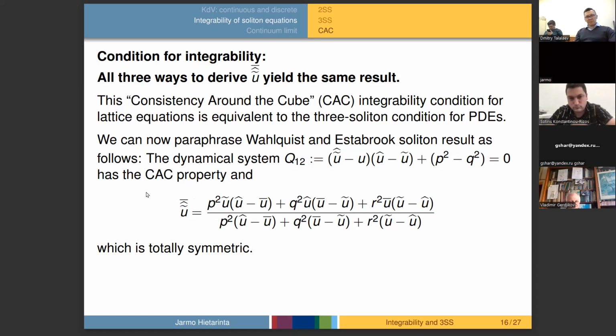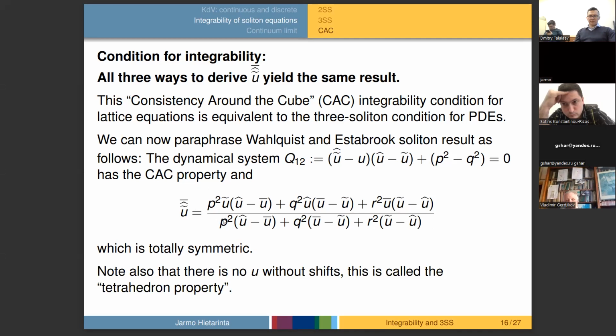So they had this kind of formula already in 1973, but this is of course exactly the same formula we get now when we are only working in the lattice framework. It's a nice observation that they already had this particular formula.